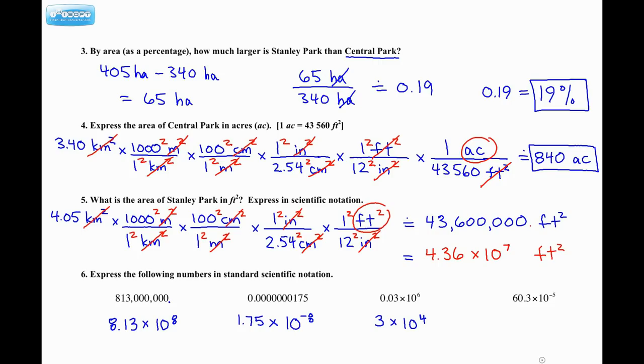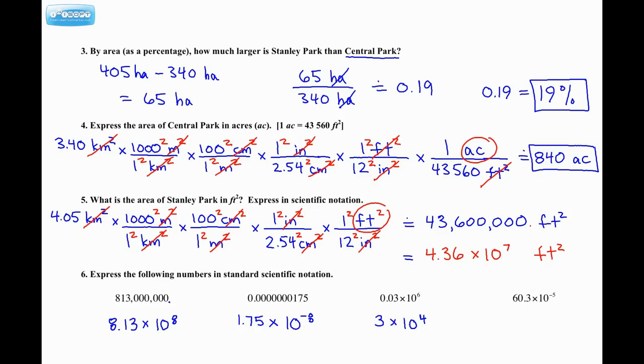Next one, 60.3 times 10 to the power of minus 5. This is a type of scientific notation, but it's not standard. Okay, I need to shift this decimal 1 place to the left this time. Okay, and as we saw in this example, every time you move this decimal to the left, this little exponent here increases.